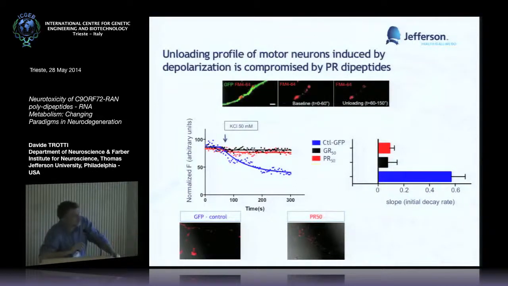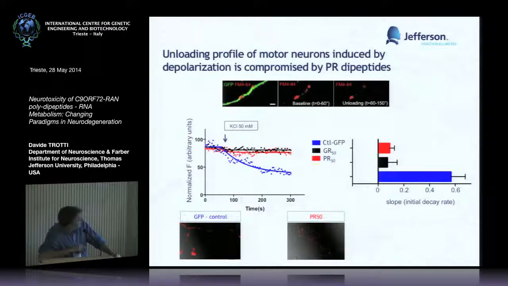We also were interested in looking at early signs of cell or neuronal impairment. And so we looked at these neurons for their potential to release a neurotransmitter. This is a release assay. I don't want to go into the detail of the assay, but early on during the transfection, you look at this neuron and you measure their ability to unload synaptic vesicles, which are stained with a fluorescent dye, and you depolarize these neurons with high potassium.